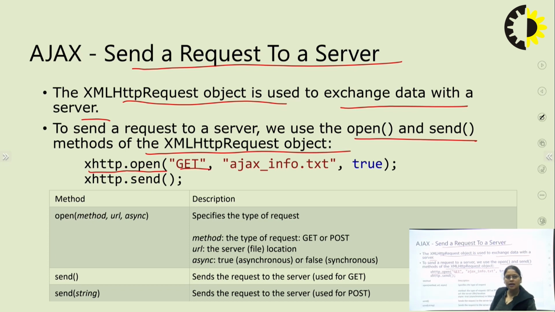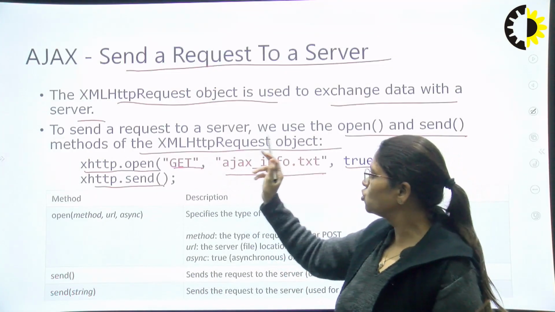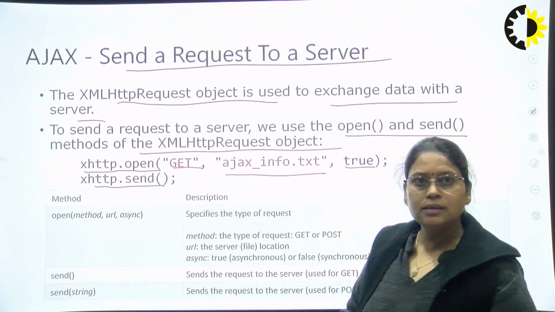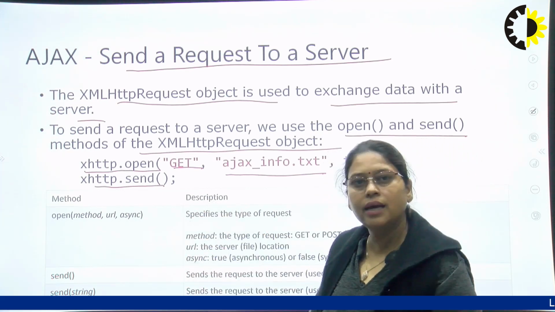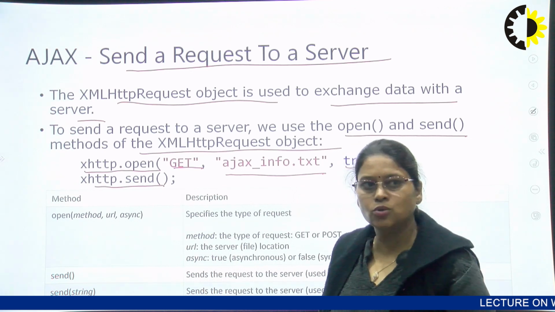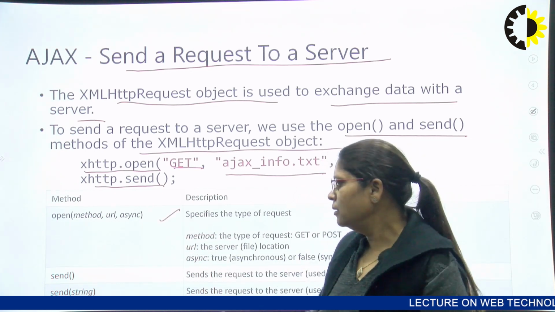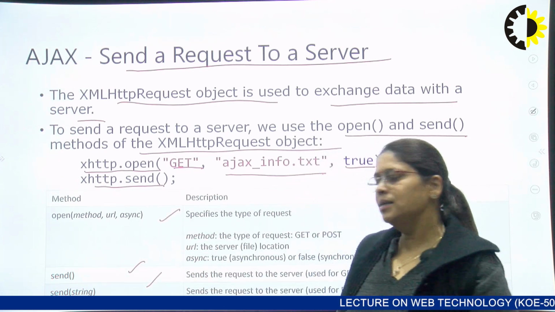We are using the GET method here, and this is your ajax_info.txt file, and we will put true. Then we will use xhttp.send. So we have used two main methods here, open and send. These are the methods used for creating the connection or sending the request to the server: open, send, and send string.